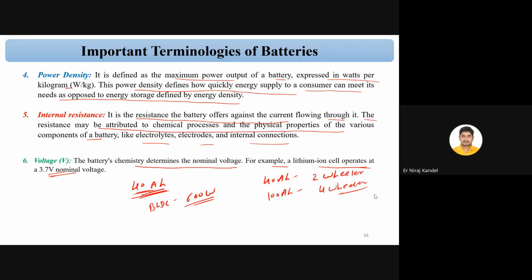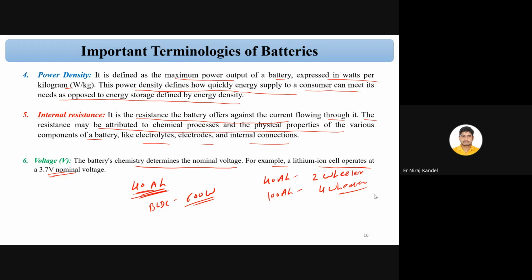Then are the 40 ampere hour and 100 ampere hour values of the cell or of the whole battery? No, it is the total battery rating, not the cell. A cell is in milliampere hours. It is not possible to have ampere hours in a cell.